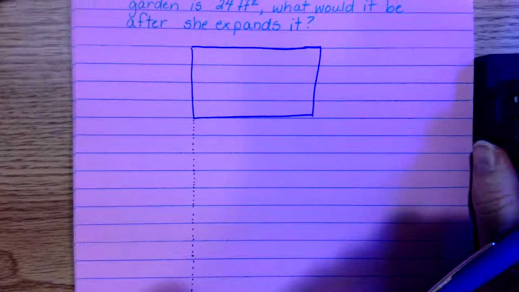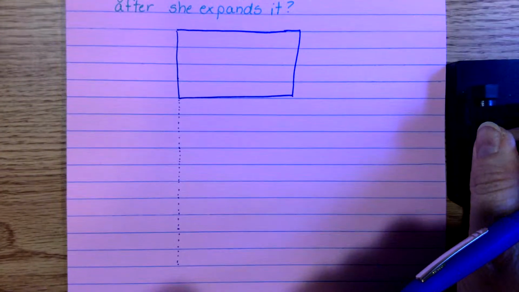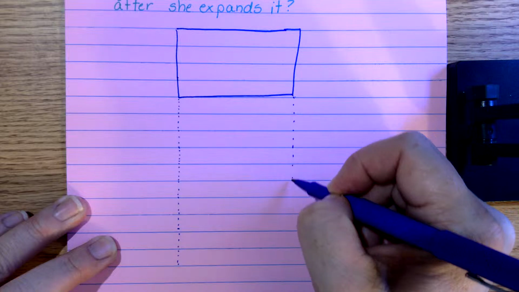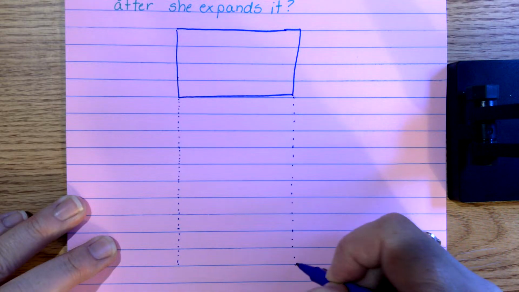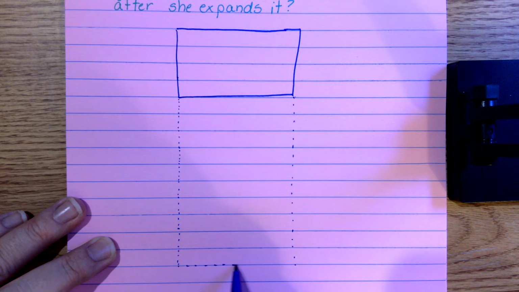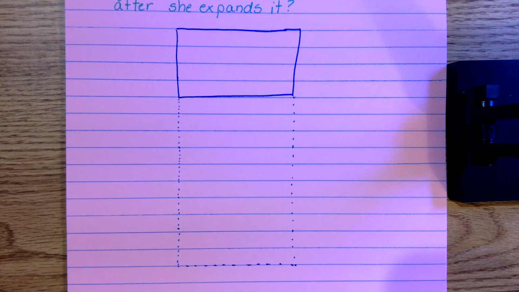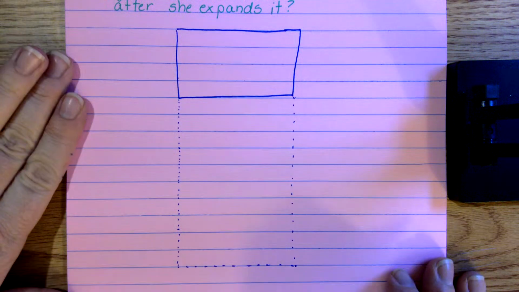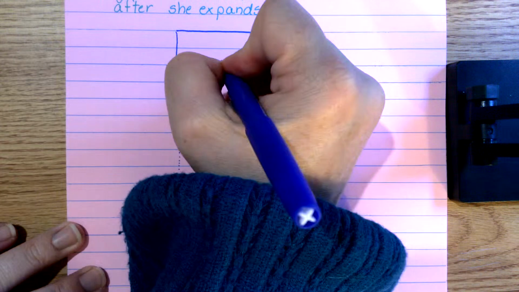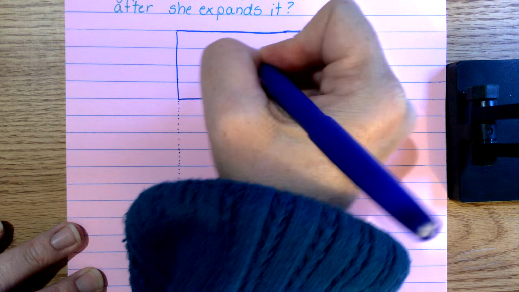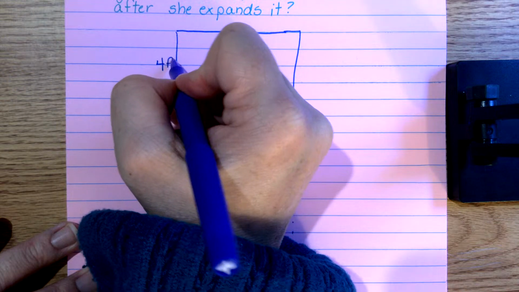And let me just make this a little bit further out where you can see it. Okay, so the dotted lines represent what it's going to look like eventually. What we know now is that the inside is 24 square feet. And we know that this side is 4 feet.